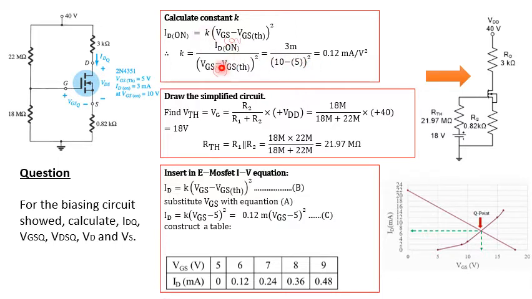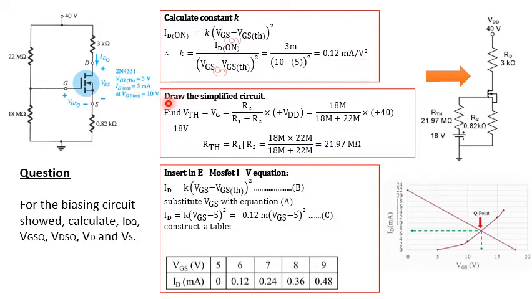Then you insert the values of ID on, VGS, and VGS TH, and you can get the value of the K. Don't forget to put the unit, whether it is milliampere over V squared or microampere, depending on the calculation. It's very important for you to put the unit.